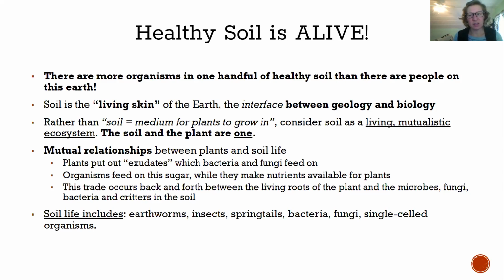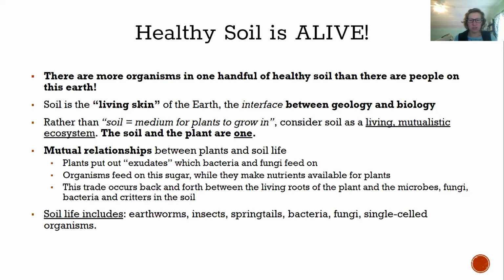So what that means is that we want to not only cultivate our plants and our own bodies, we also want to cultivate all the microorganisms, so the bacteria and the fungi, the macroinvertebrates, those little tiny insects. Everything that's living in our soil is super important to building this really healthy ecosystem.